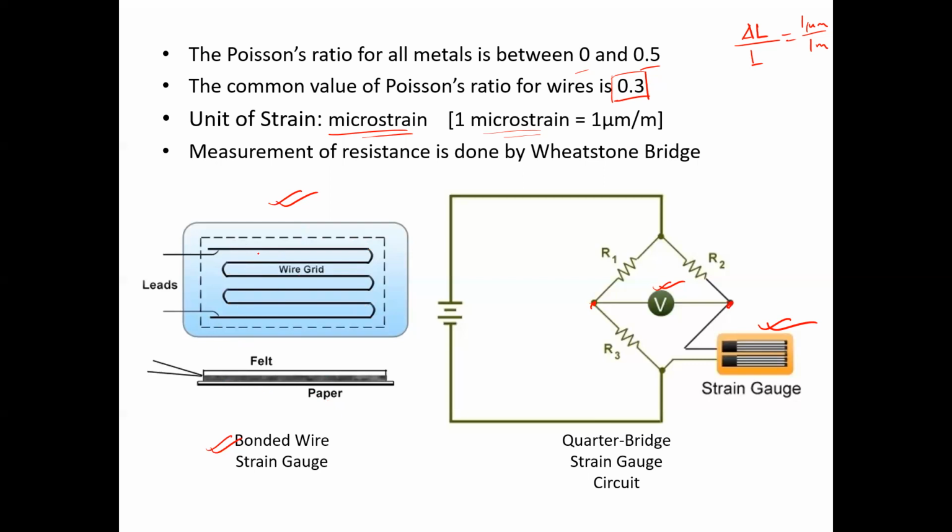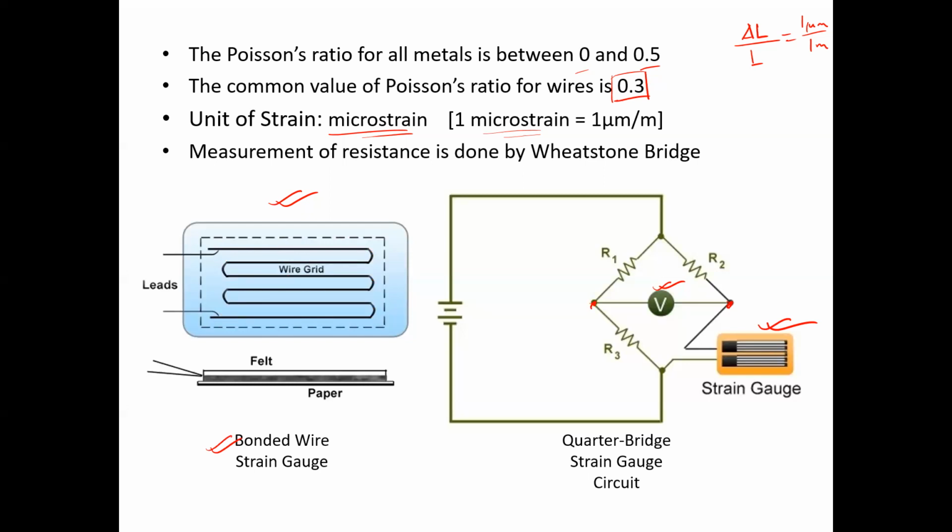That is actually done to incorporate a larger length of the material within a smaller space, because it is not possible to place a long string, as the size of this transducer is going to become large.